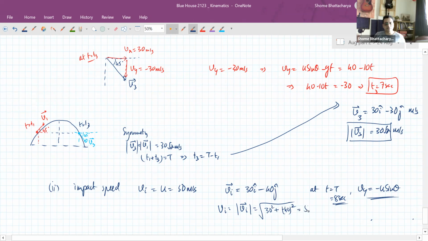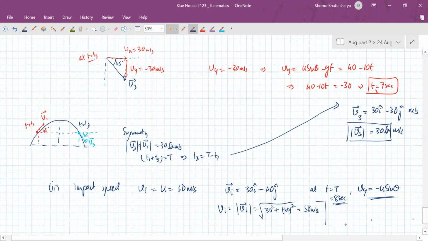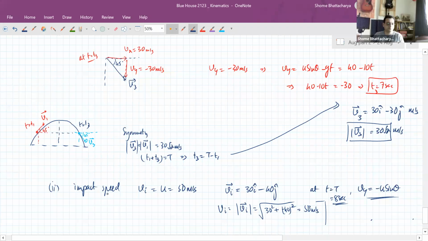It simply does not have algebraic sign. Understood, na? It's a speed, no? It's impact speed. It's not a vector quantity, so we will not give it any algebraic sign.